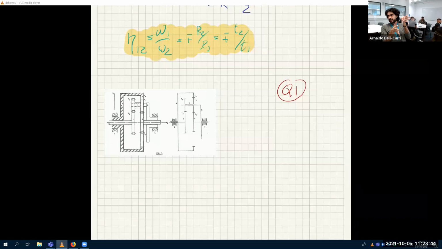If all the axes are fixed and they rotate, that's a compound gear train. If they move around in some way, that's an epicyclic gear train. Since they move generally all around a sun, it's epicyclic because the motion of a single point on a gear follows the epicyclic curve. That's why it's called epicyclic gear train.